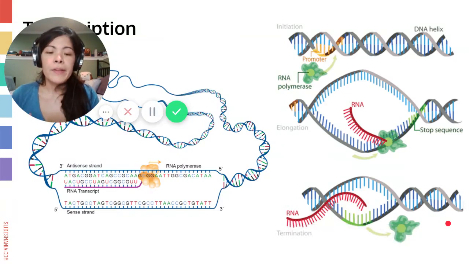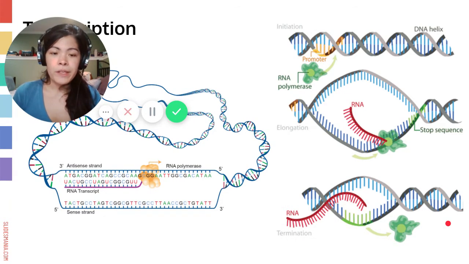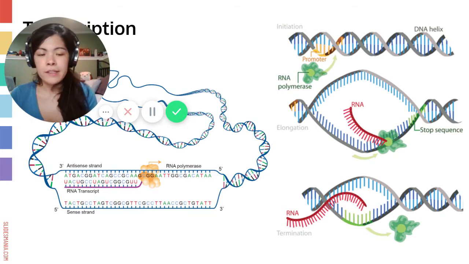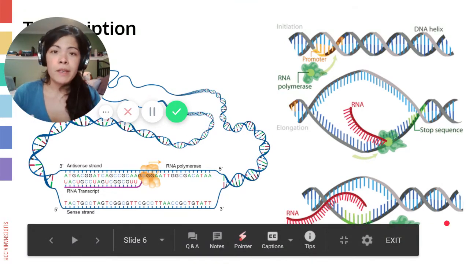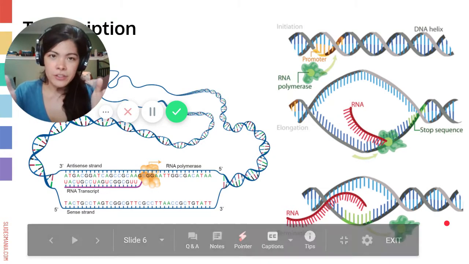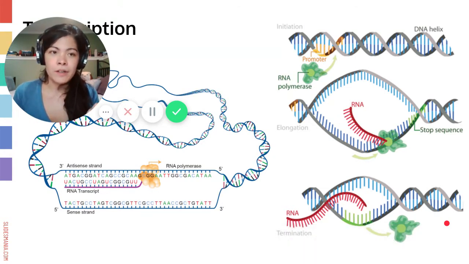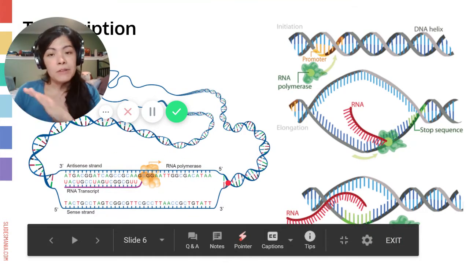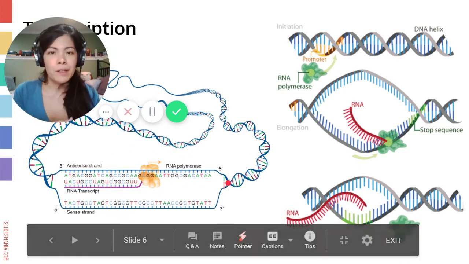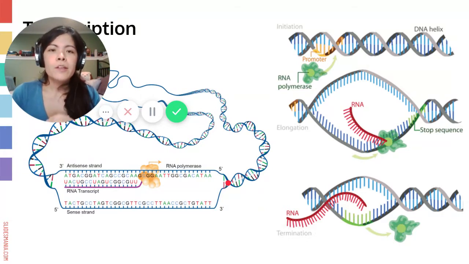So at the end of transcription, our finished product is this mRNA molecule that should be an exact copy of whatever information we had in that gene. So whatever recipe we needed for a protein, it was contained in the DNA, and now it's been copied into a molecule of mRNA. And in humans and eukaryotes, there's a little bit of extra processing that's going to happen at the end here.